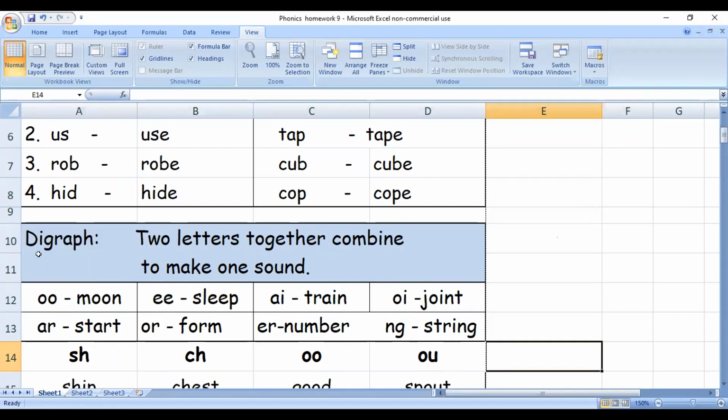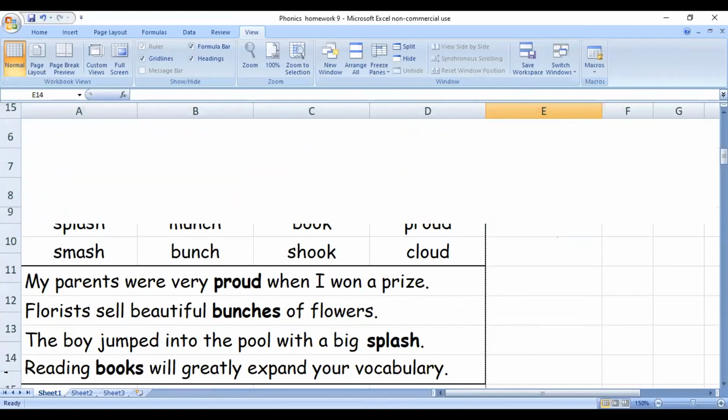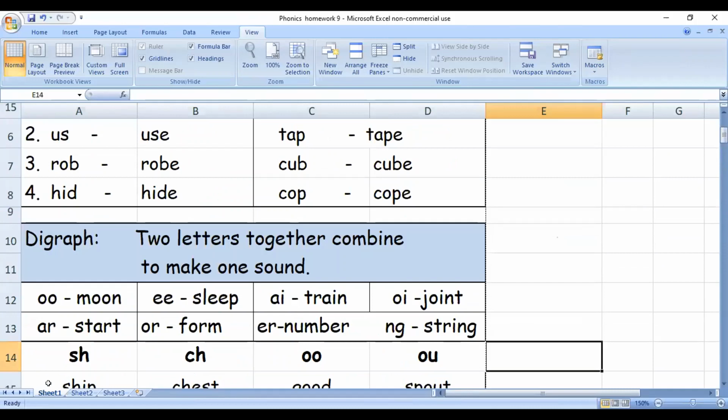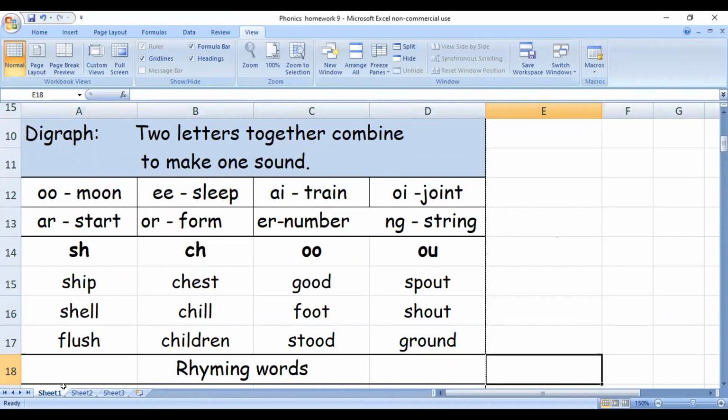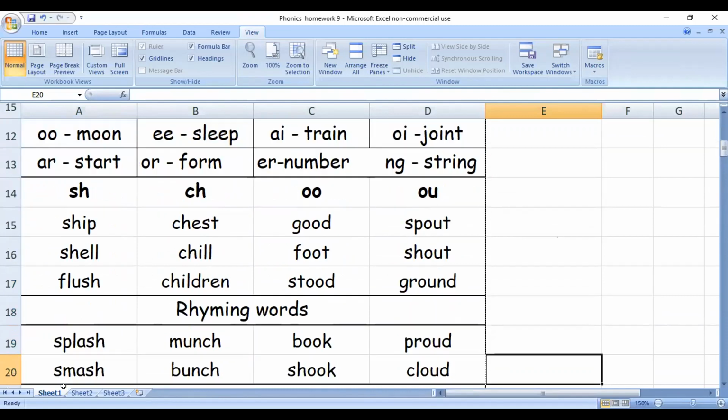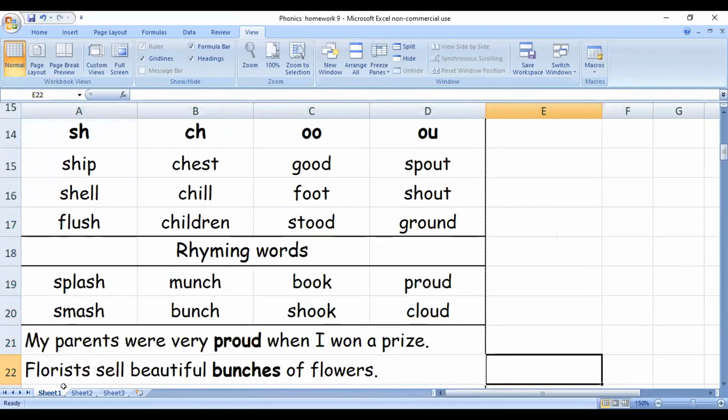Out of these digraphs, there are about 18 that I will be teaching you. I have already done 8, and today we are going to do another 4. All right, give me a minute. Okay, today what we are going to learn are these 4 digraphs.